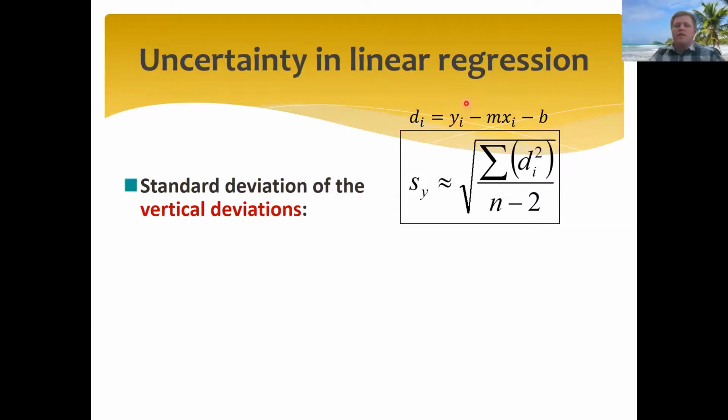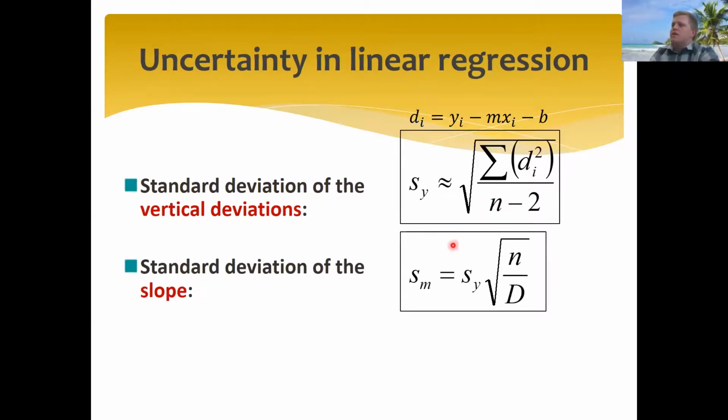Our Y value is the signal response we got for that standard. And then M and B are the slope and intercept calculated from our linear regression. So for a perfect fit, this D value should be 0. But if our Y value deviates at all from our best fit line, then this is not going to be equal to 0. At the bottom of our S sub Y value, we have N, which is the number of points on our calibration curve, minus 2.